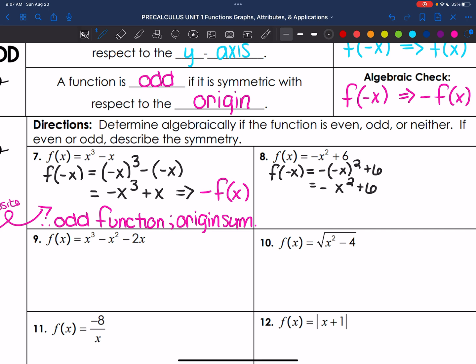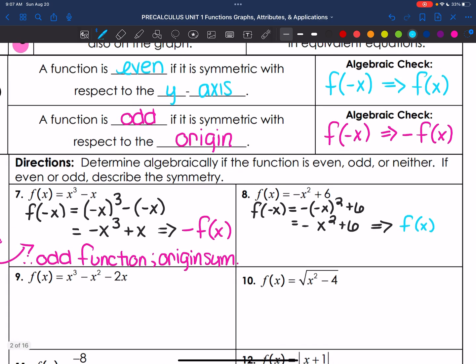Okay, so now compare it with what we had to begin with. What we had to begin with was exactly that. So this is the same function. This is f of x. So what we saw here is when we took f of the opposite of x, we had the same function back. And so that means that what we have here is an even function.